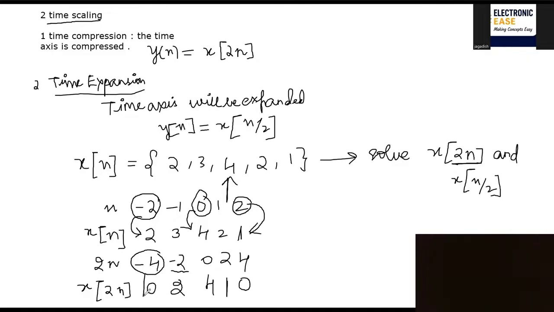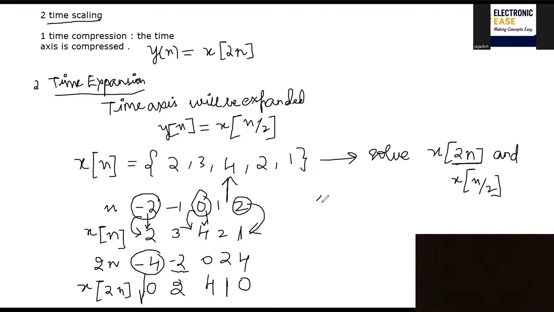So I have to substitute as 0. At -2, is any value visible? Whatever x of n value is there, that you have to write. So at 0, what is the value of x of n? 4. At 2, you have 1. At 4 you don't have any value, so I have to write 0.